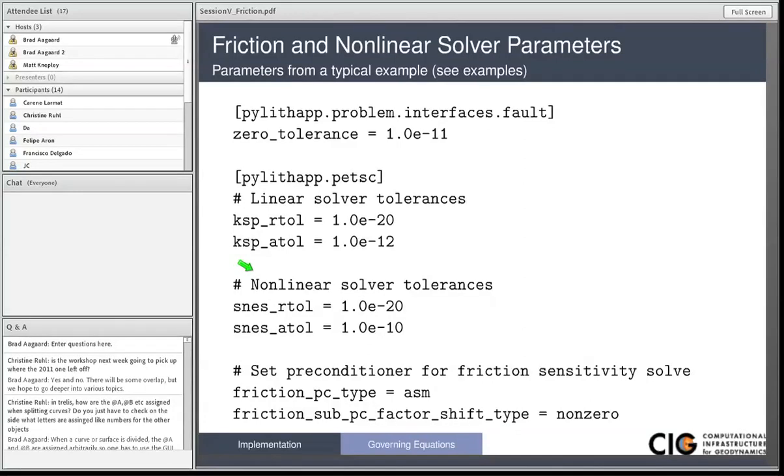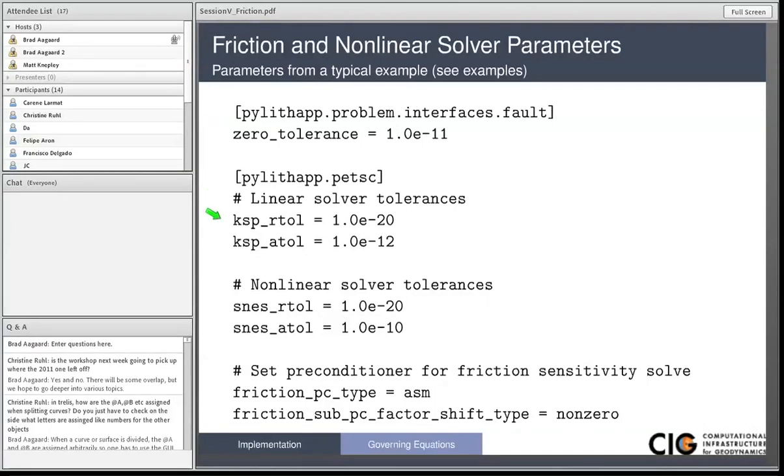Here's an example of specifying those parameters, specifically the solver parameters, within a .cfg file. Within our faults, we're going to specify a zero tolerance. In this case, I'm specifying a zero tolerance of 10 to the minus 11 in non-dimensional units. Here are my linear solver tolerances.